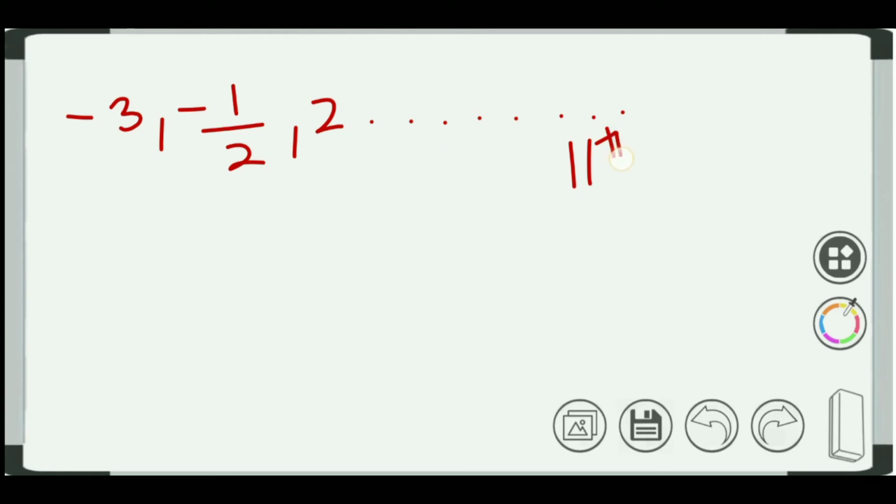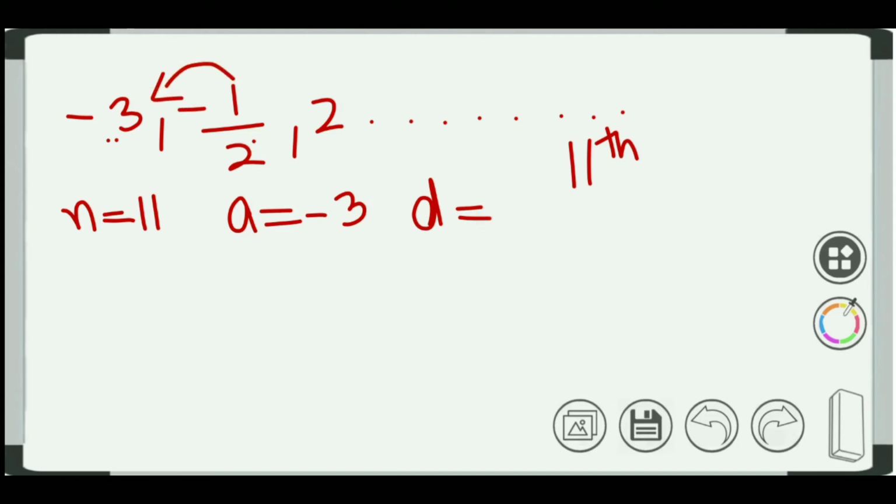Second sub question. This is the AP minus 3, minus 1 by 2, 2, etc. So you need to find the 11th term of this AP. Okay, 11th term means you will take n is equal to 11, a is equal to the first term, minus 3, d is equal to any term minus the preceding term, that is minus 1 by 2 minus minus 3.